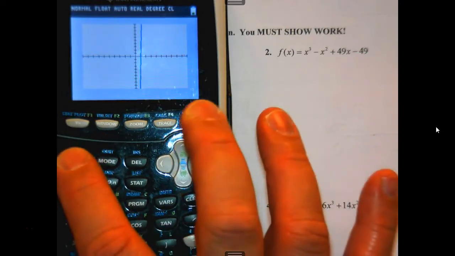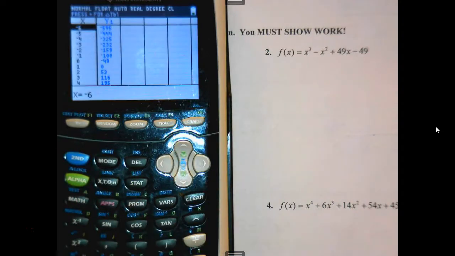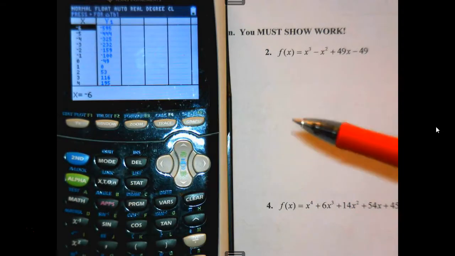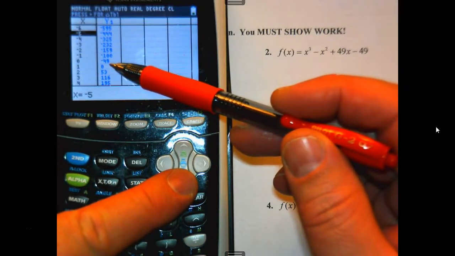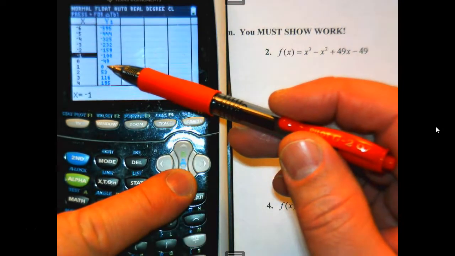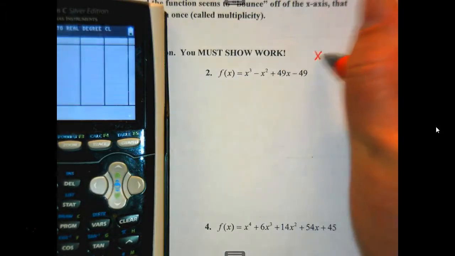So I'm going to use second table. Now remember, my x-intercept has a y value of 0. Lo and behold, 1 does have a y value of 0. So one of my solutions here is x equal 1.